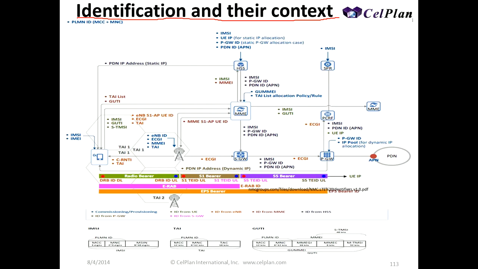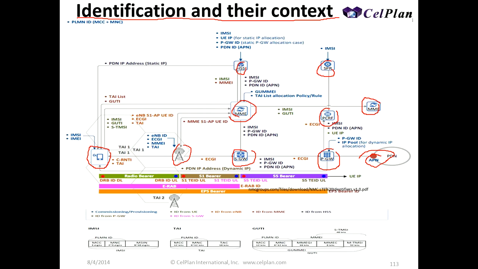This is just to show you the complexity of identification inside an LTE network. We have here the different elements: the UE, the eNB, the S gateway, the P gateway, the MME, the PCRF, the MSS, and the SPR, and these are neighbor MME, and then the PDN network and so on.